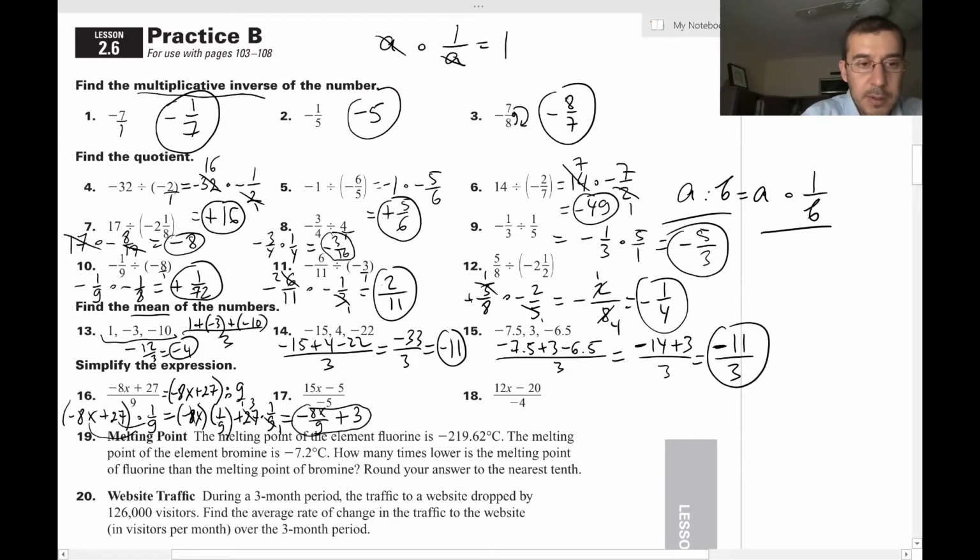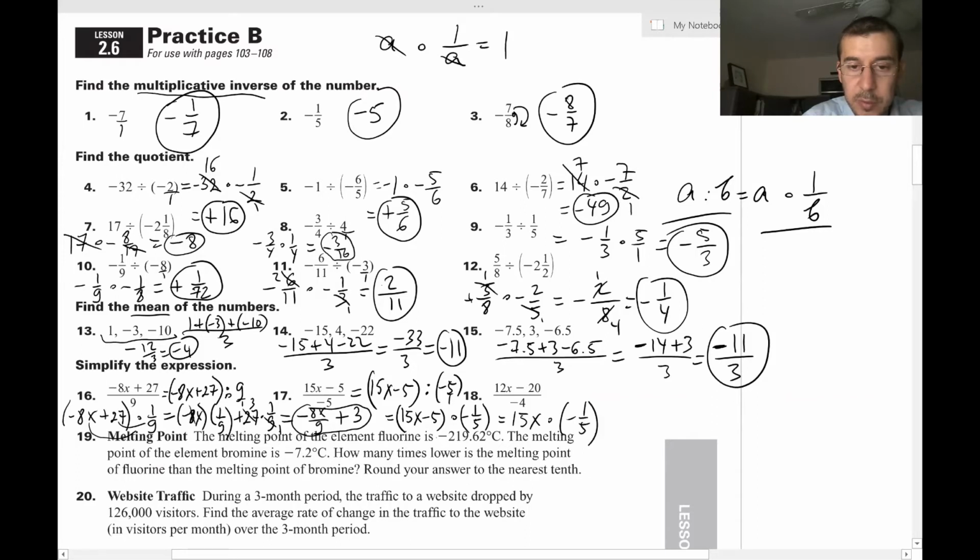Okay. And number 17, we have 15x minus 5 divided by minus 5, or this is the same thing as 15x minus 5 in parentheses times minus 1 over 5. Okay. Or this is the same thing as 15x times minus 1 over 5.